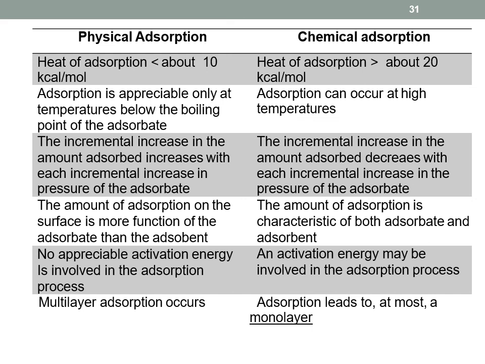Listed in the table are the differences between physical adsorption and chemical adsorption. In physical adsorption, multi-layer adsorption occurs, compared to chemical adsorption, which leads to a monolayer. What are multi-layer and monolayer adsorption?